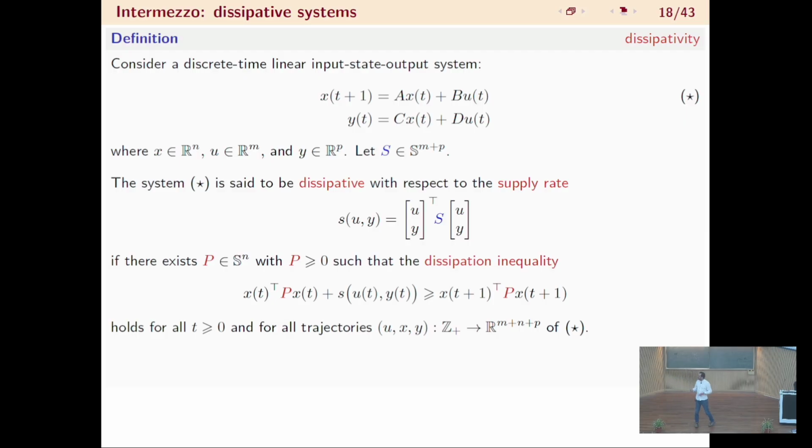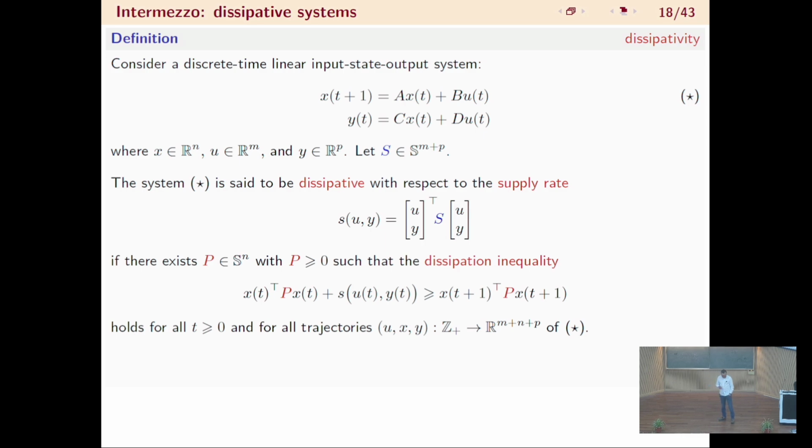And indeed, there is a historical background to dissipative systems. It all started from circuit theory. Every circuit containing resistors, inductors, capacitors, transformers, gyrators, and so on is passive in this sense, dissipative in this sense with respect to a certain supply rate.